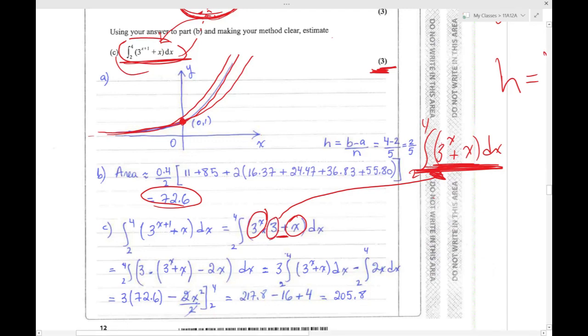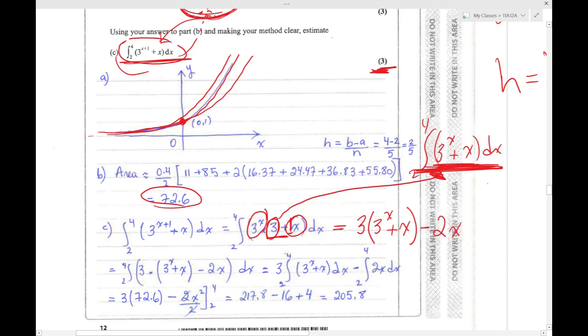I need to factor the 3. Now you're going to ask yourself, if I'm going to factor the 3 and I need a 1x here, I should subtract 2x. So this is going to be 3 alone, and then you're going to have 3 to the x plus x minus 2x.